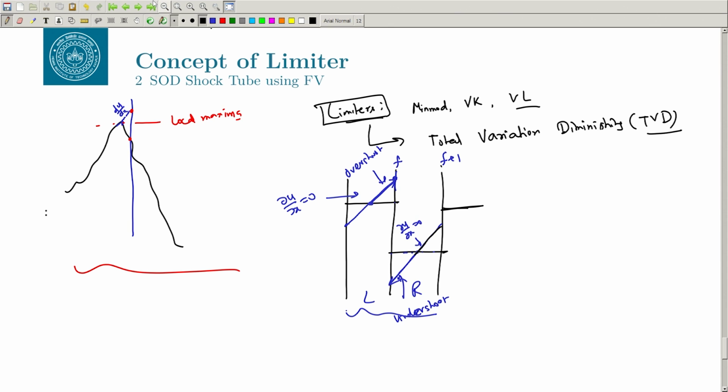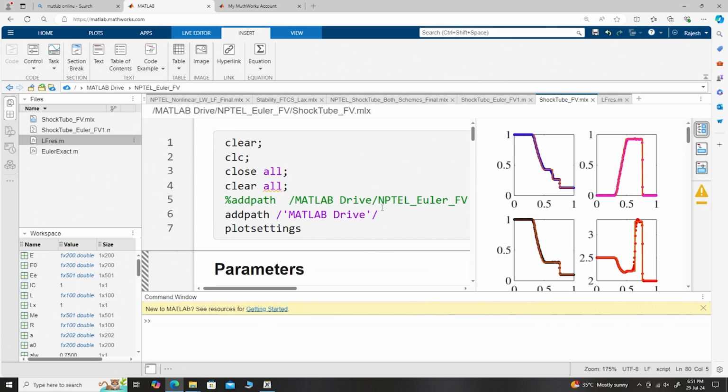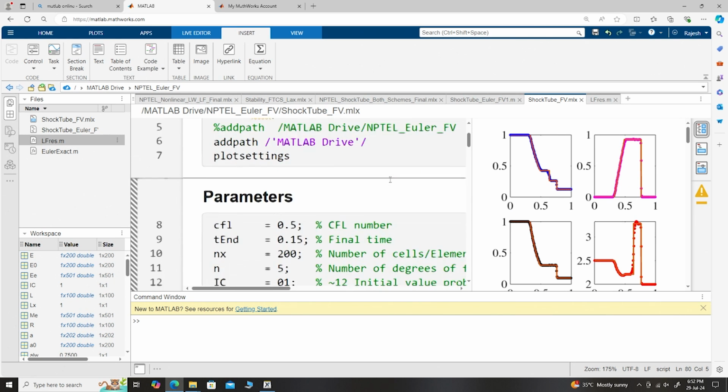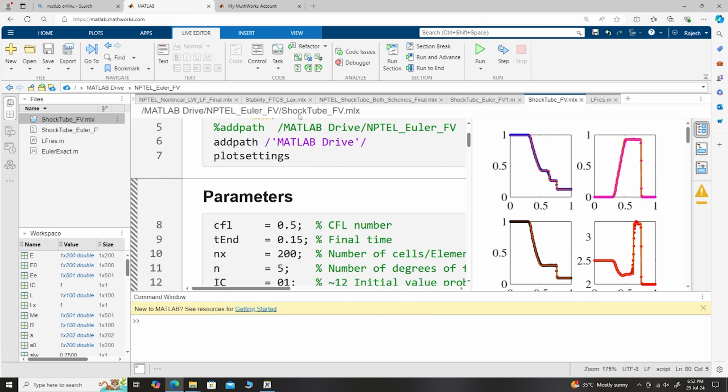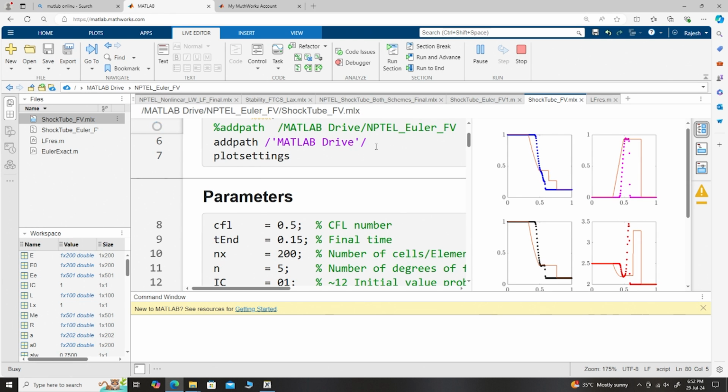Okay. So, the code is very similar to what we had in finite difference. Okay. So, this I actually picked up, it is a group in Singapore which has developed this code, a person in Singapore, but it is very easy to write this code. Okay. So, here. Okay.